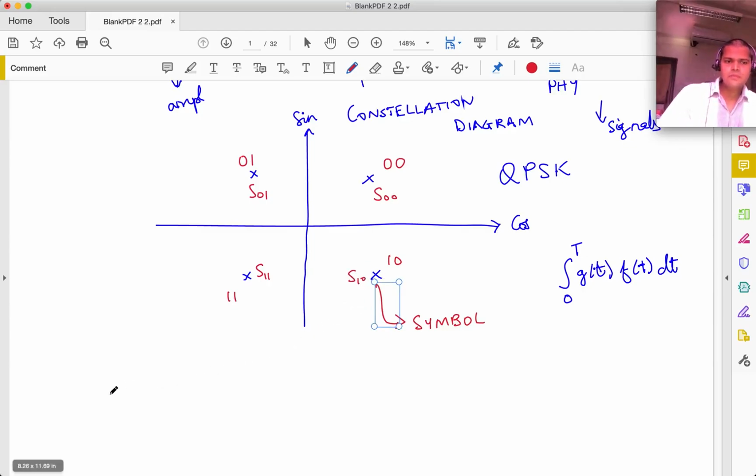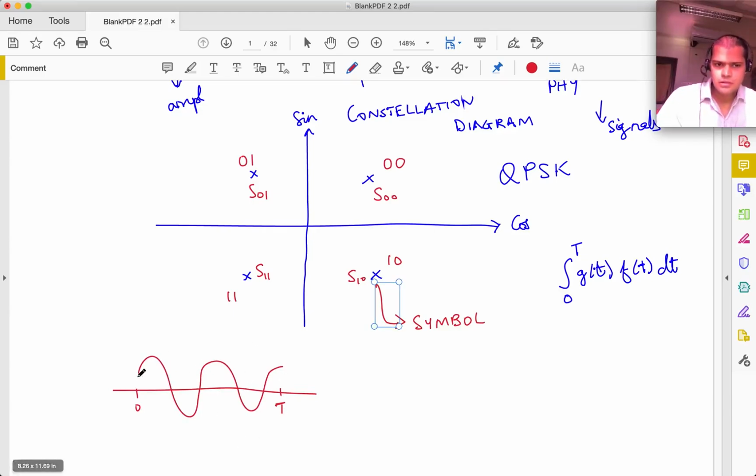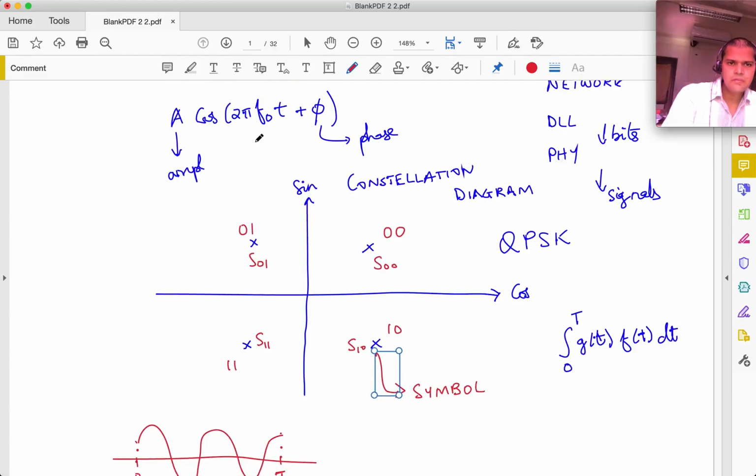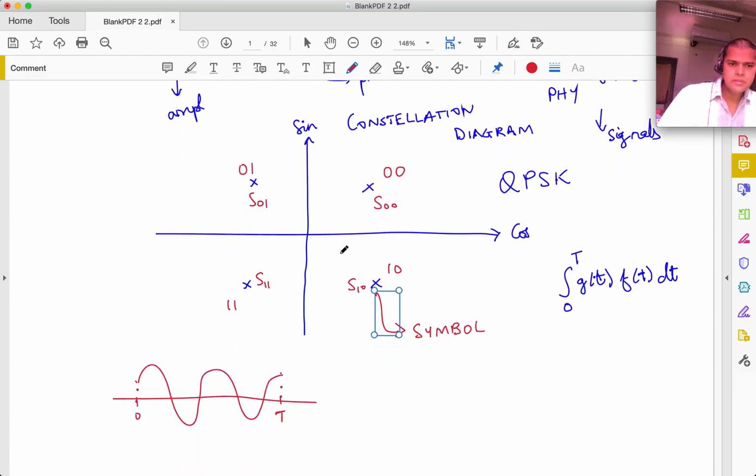Each of these symbols, if you look at it over the time domain, would have some particular sinusoidal shape. I'm just inventing one signal of what it will look like, but it would have frequency f0, but just the phase would be different.